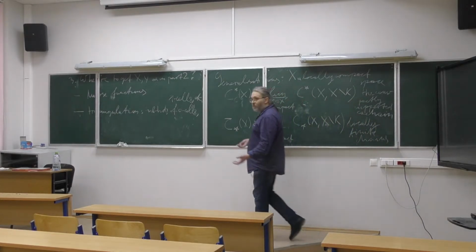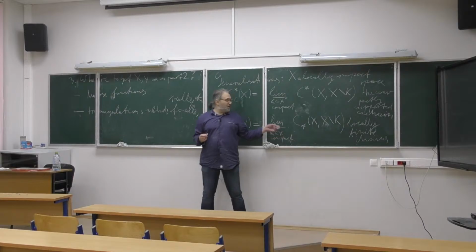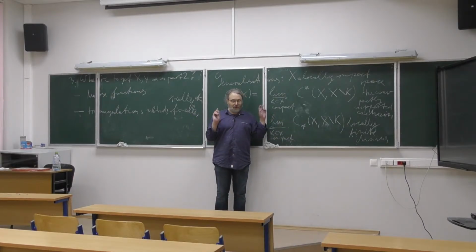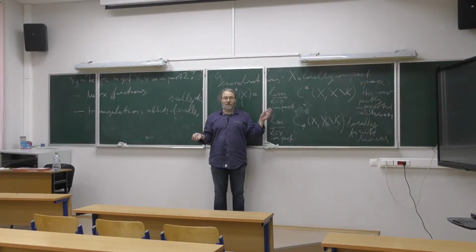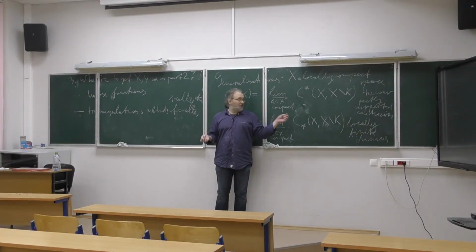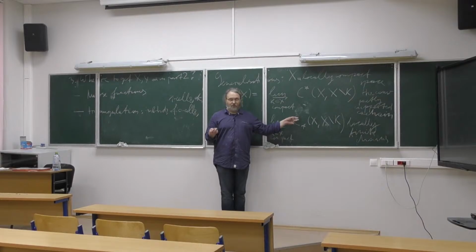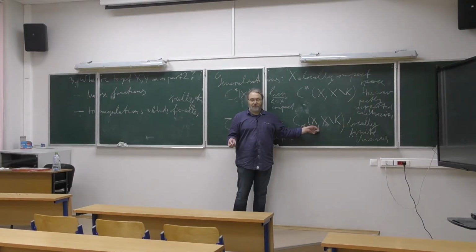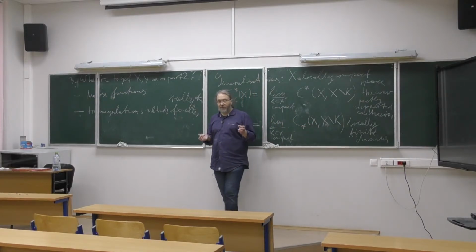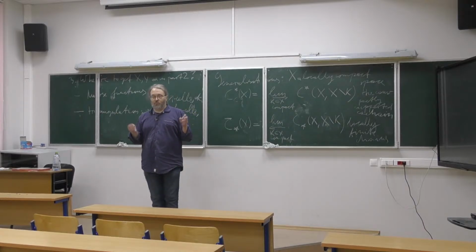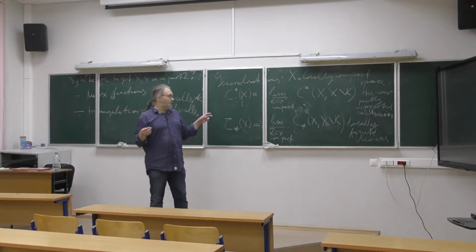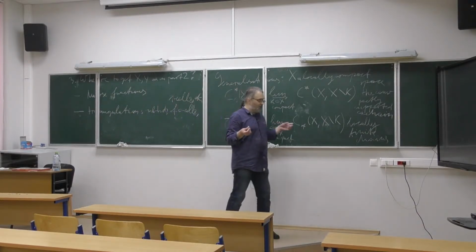What does this mean? Well, after some thinking, one can conclude that this limit can be identified with a subset of the direct product of all singular simplices, such that the intersection of an element.